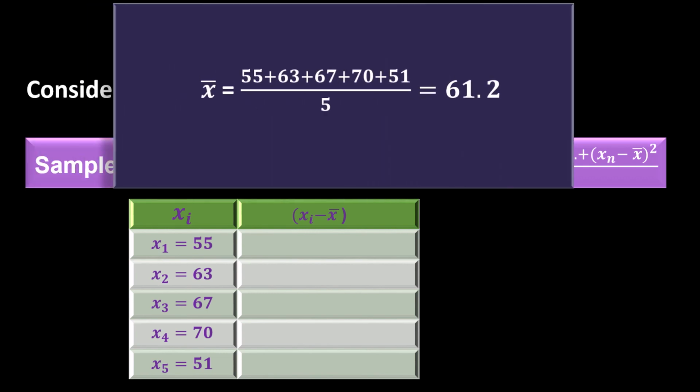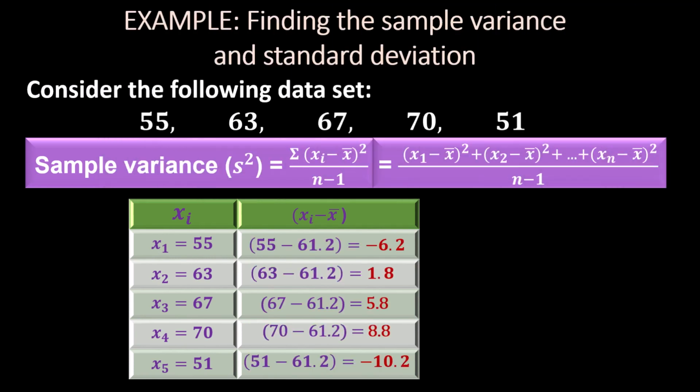You already know how to find the x bar, that is the mean, that is 61.2. Then we can subtract 61.2 from each observation to find the deviation.